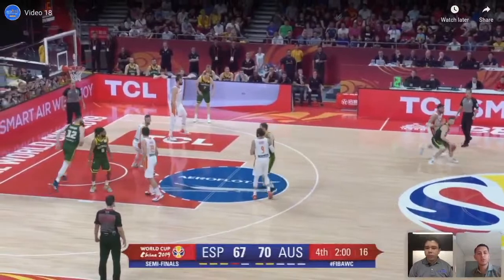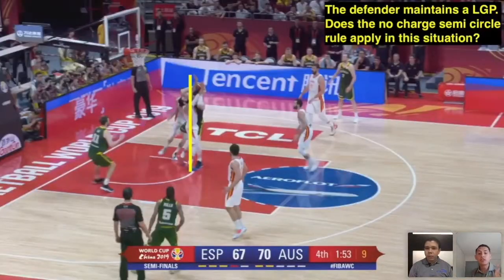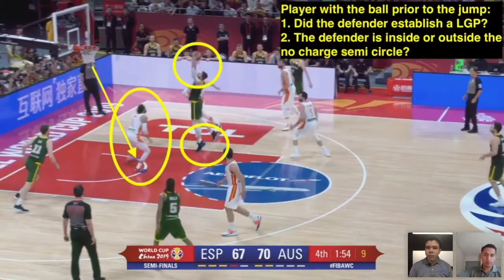Sometimes we as referees are just watching what is around the ball. But in this case, we have a secondary defender who is establishing a legal guarding position in the paint. So we need to be aware of what is going on around, and we need to be one step ahead of what is going to happen.